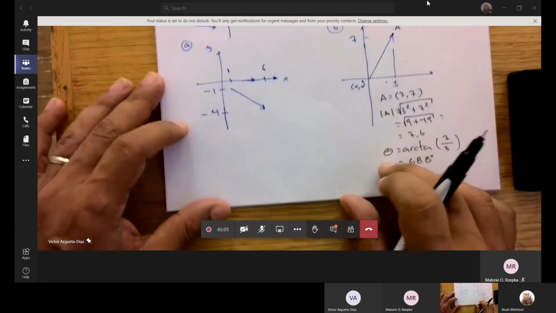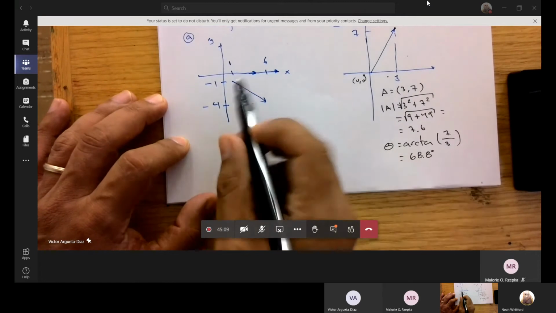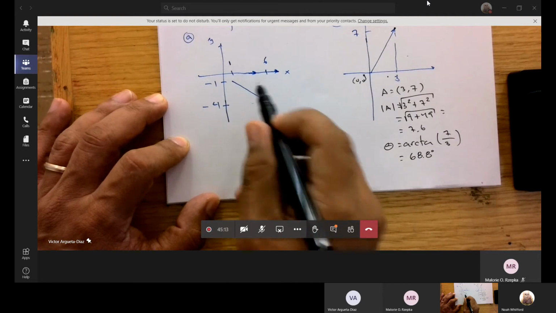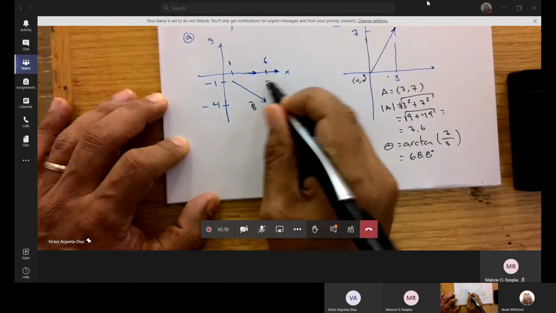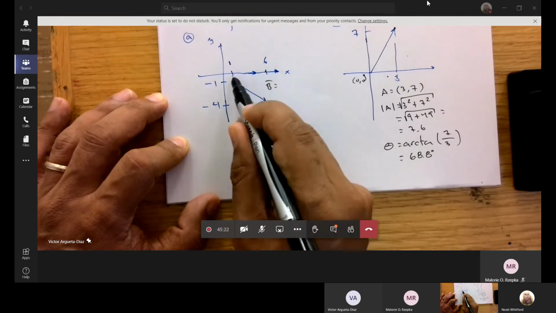So I'm gonna do it also a little bit quick. I'm gonna spend a little more time with the direction. So to calculate the components of these vectors, I'm gonna call this vector B. The components of B are final minus initial.